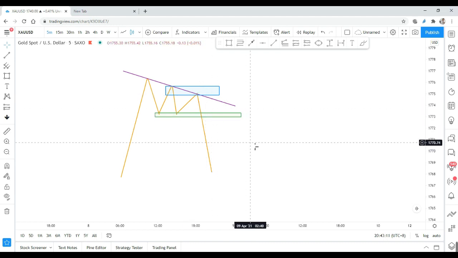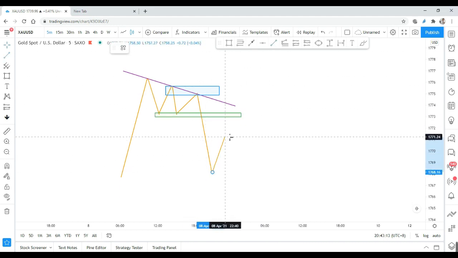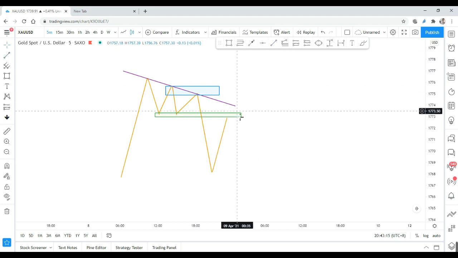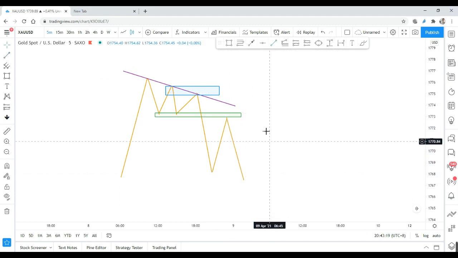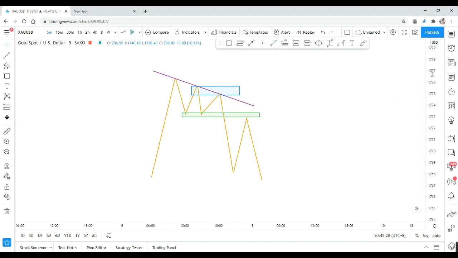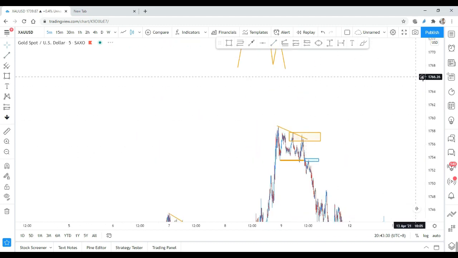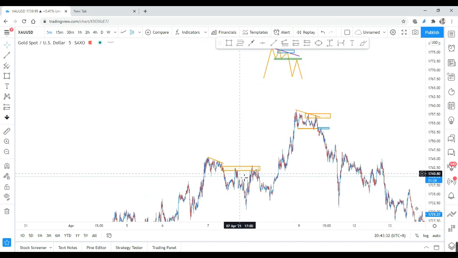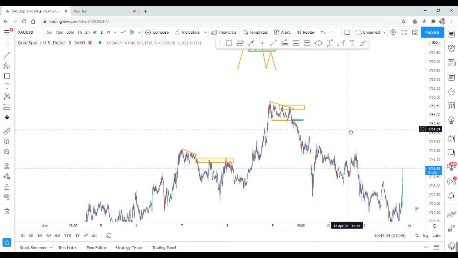The price will tend to come back, retest, and then drop. Very often the price will make this kind of movement. So here I already showed you two great examples with which you can get very good profit.